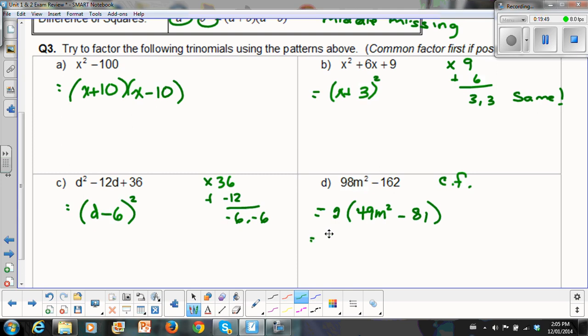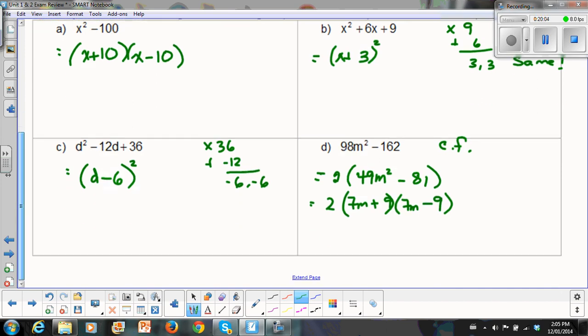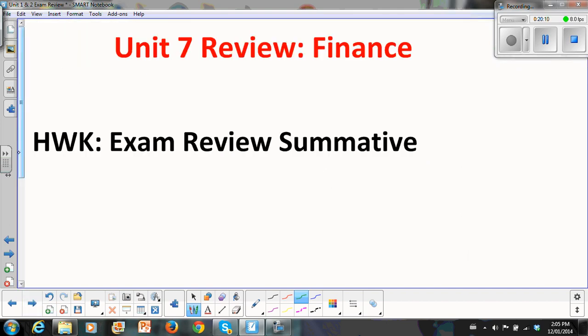We now have a 2 as a factor, and we have a middle term missing situation, where we have 7 times 7 making the 49, and then we can do a plus 9, minus 9 for the 81. If you have trouble with this, we need to review the entire lesson.